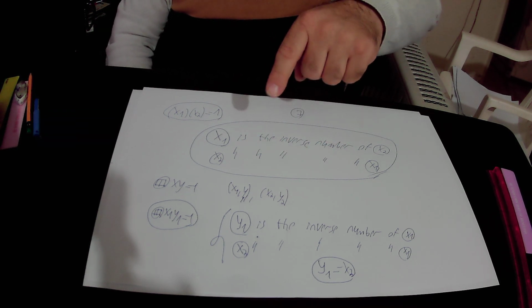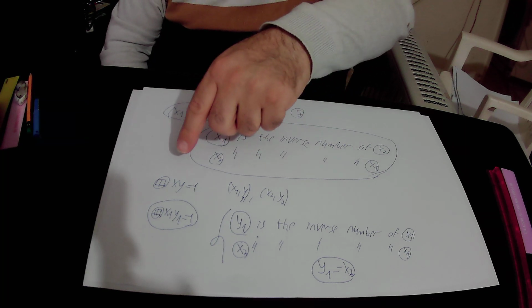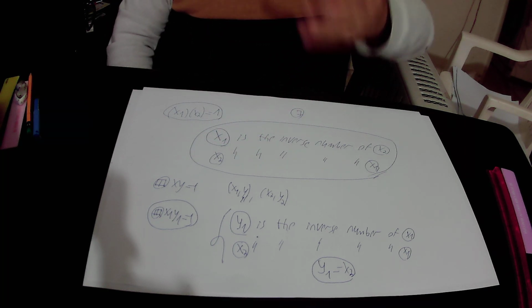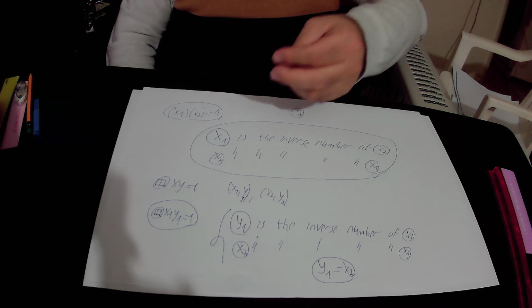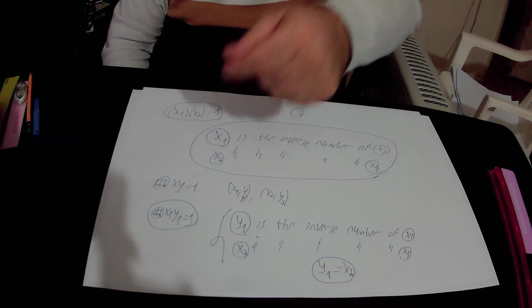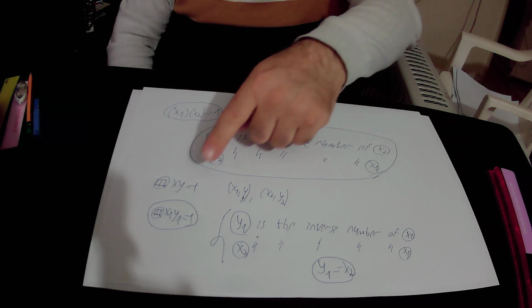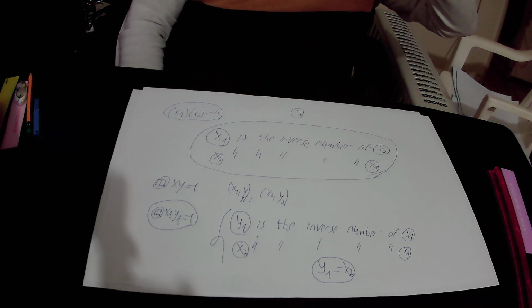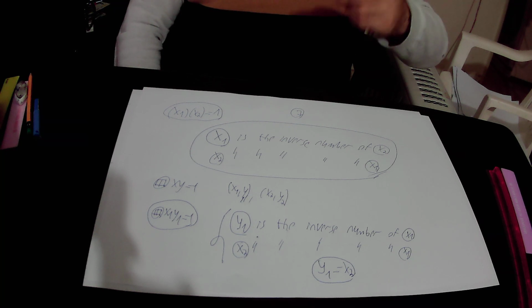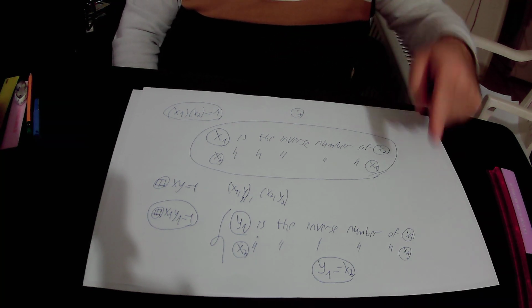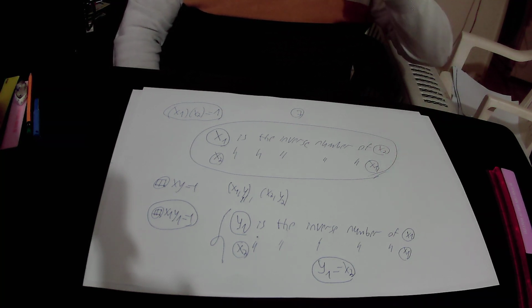We put the first solution inside equation number 3. That is to say, x equals x1, y equals y1, and we get x1 times y1 equals 1. What does it mean? It means that y1 is the inverse number of x1. But we have already found that x2 is the inverse number of x1.